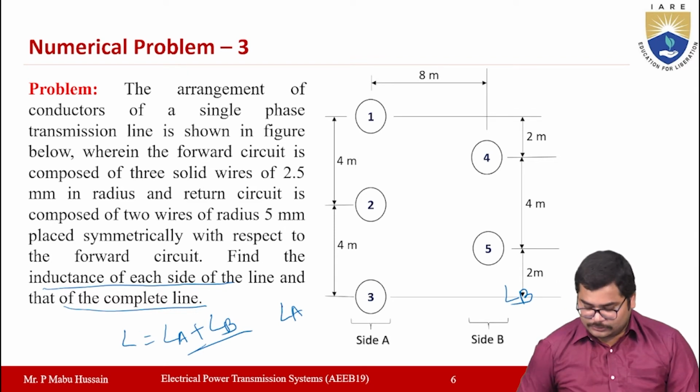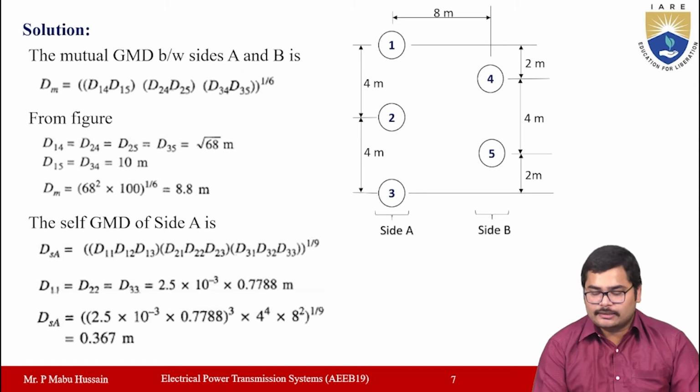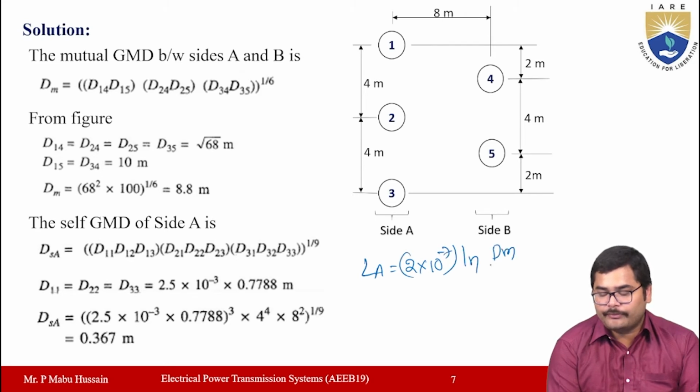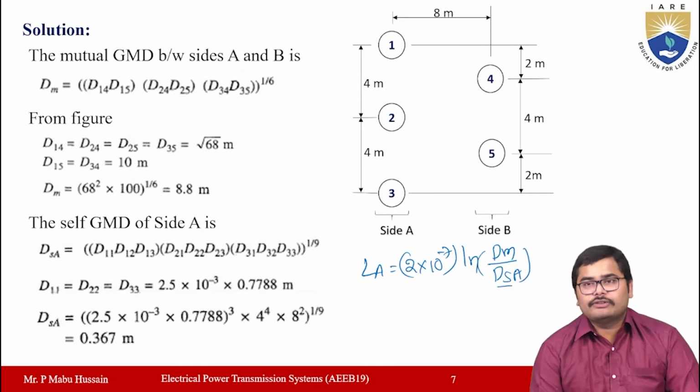Right. So what is the expression for determining the inductance of any side? LA will be equal to 2 into 10 to the power of minus 7 ln Dm by Dsa. Here Dm will be the same, but the self GMD will be different for both the conductors.